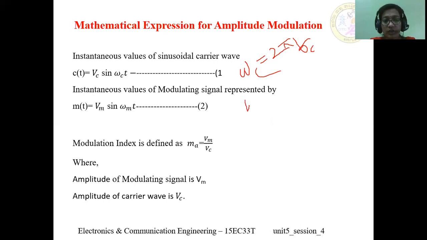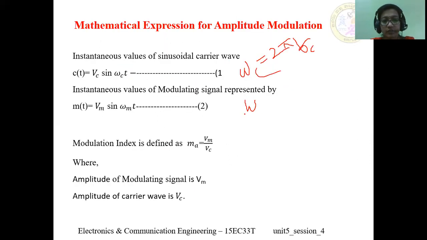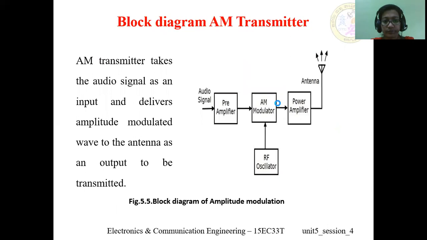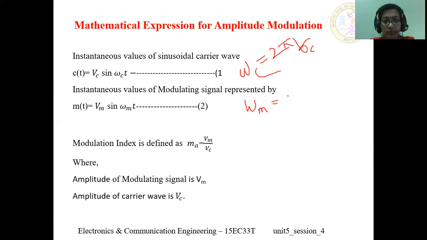Similarly, omega m we can represent as 2 pi fm, where fm is the message frequency.